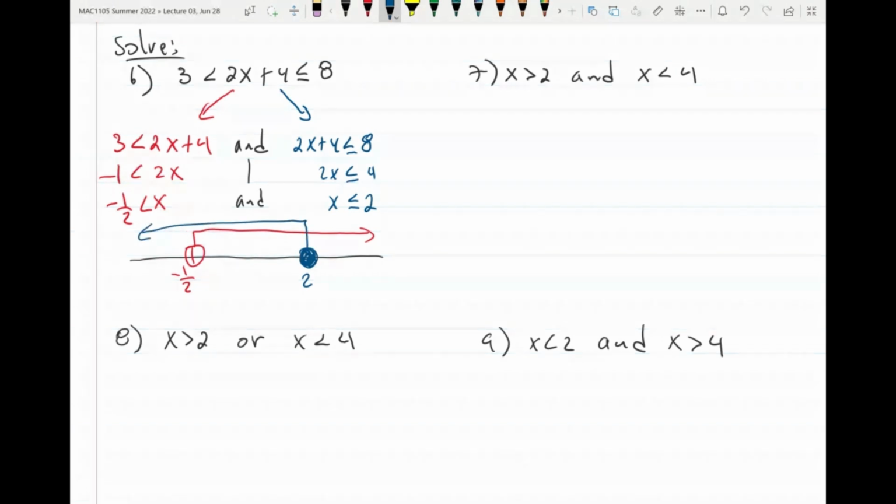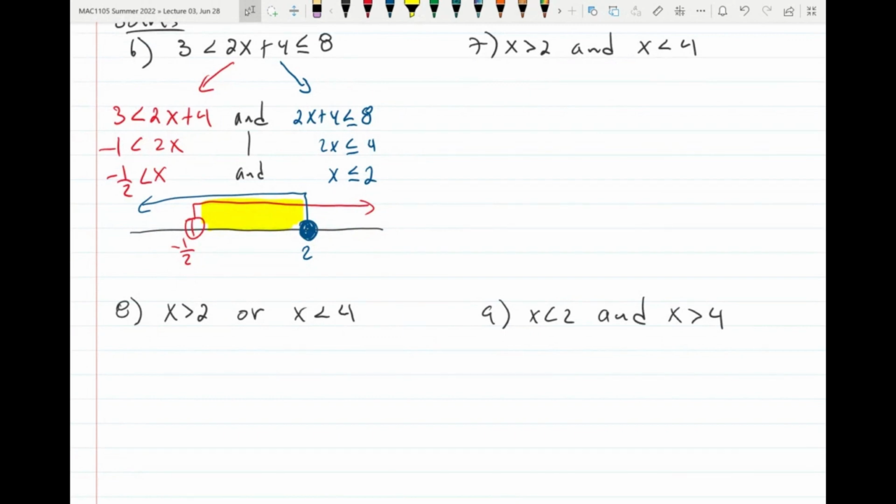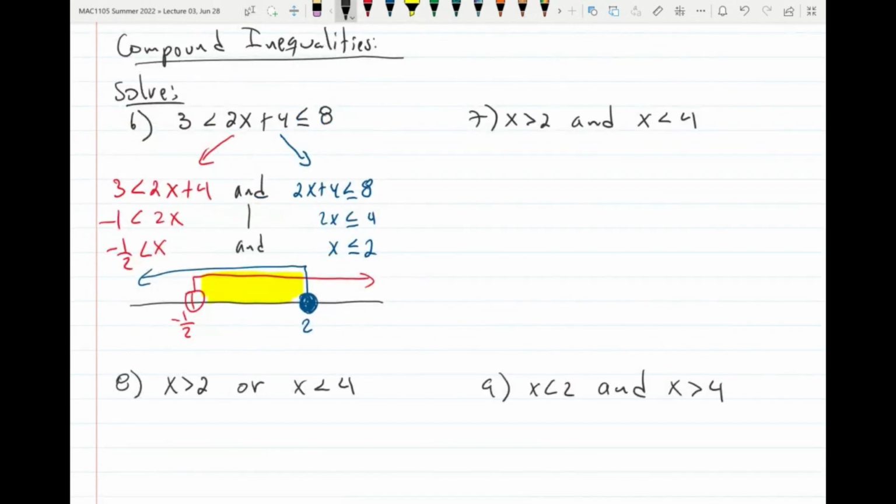And now, because we're doing an AND type, that means that we need to take the intersection of the two pictures. In other words, where they overlap, the common part. And hopefully you can see that what they have in common is between -1/2 and 2, right? So the common region is this one right here. So that's our solution. So here, AND means intersection.